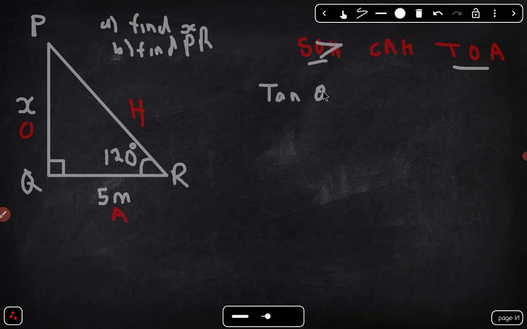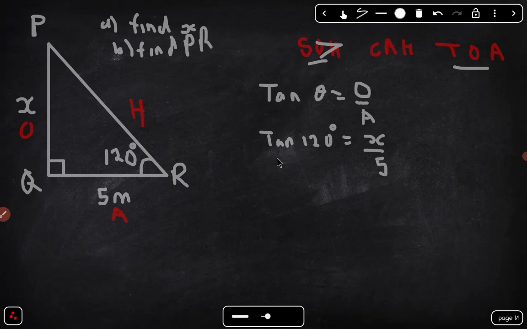Then you're just going to write tan theta is equal to opposite over adjacent. Then you write tan 120 degrees is equal to what is your opposite? Opposite is x, and that's what you're finding, over what is adjacent? 5.